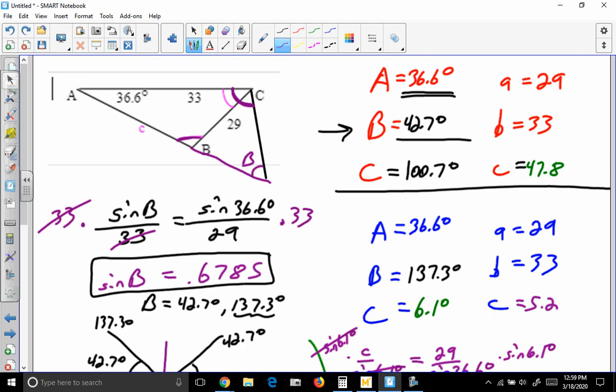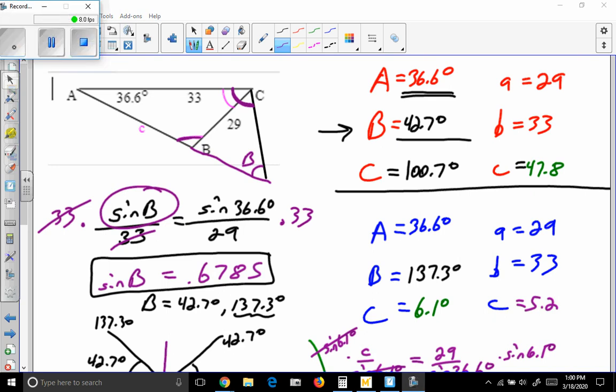Again, that's not to scale, but the thing that tells us we have two different solutions is the first thing that we find is angle B. If we find a side first, there's one solution. But if we find an angle first using law of sines, there can be two. Now, sometimes we can find angle B first, and as I mentioned earlier, there will only be one solution.